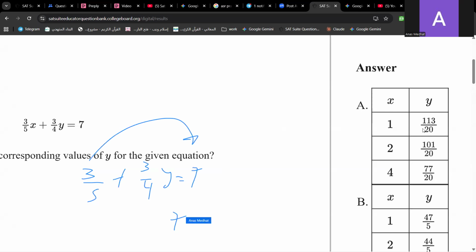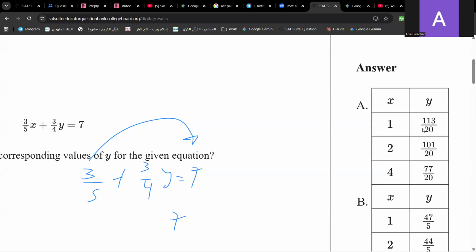It will be 7 minus 3 over 5, times 4 over 3. 7 minus 3 over 5 will be 32 over 5.